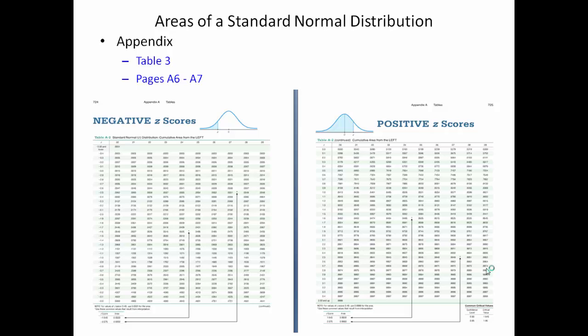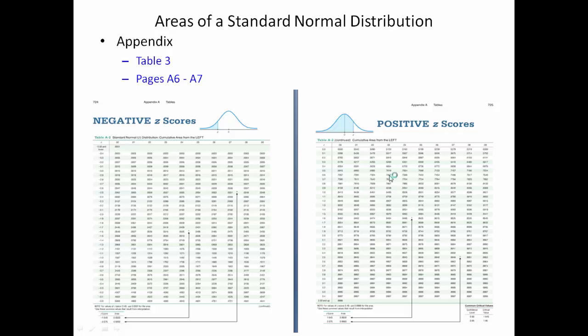Therefore, it is a probability. The values on the inside of the table relate to our z-values. Our z-values are down the left-hand side, which includes the unit value and the value in the 10th place. Across the top is the value in the 100th place.